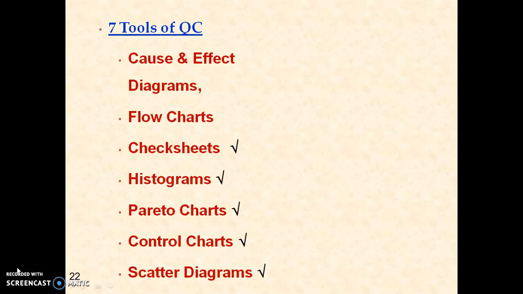These are the 7 basic QC tools. The tick mark symbols show the quality control tools which use these basic concepts of statistics, for example, check sheet, histograms, Pareto charts, control charts, and scatter diagram.